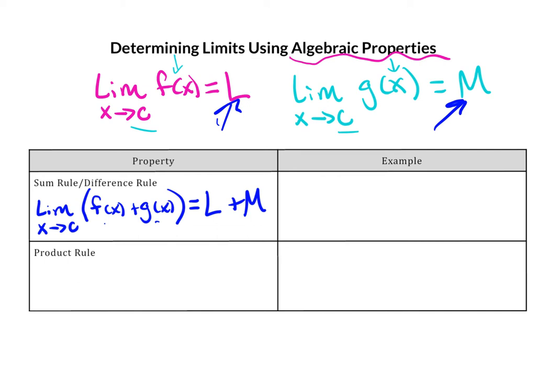So an example could be if I have the limit as x approaches 2 of x to the third plus 4x squared minus 3.